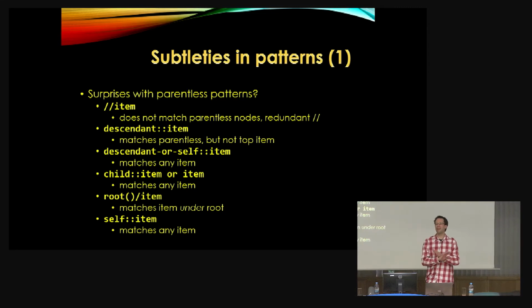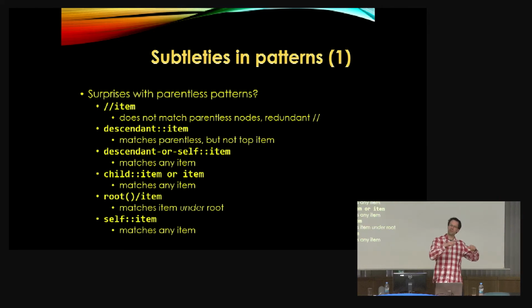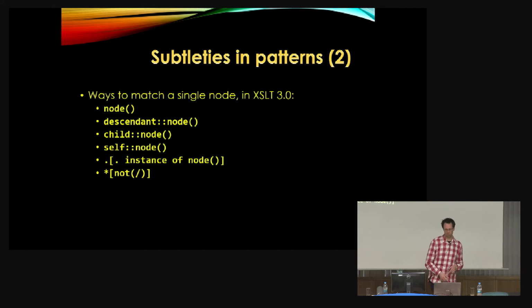Self item matches any item, whether it's a root node or whether it's under a document node or not. Also, the processor doesn't have to track back. Self is only a test on the current node. It can be handy with performance.